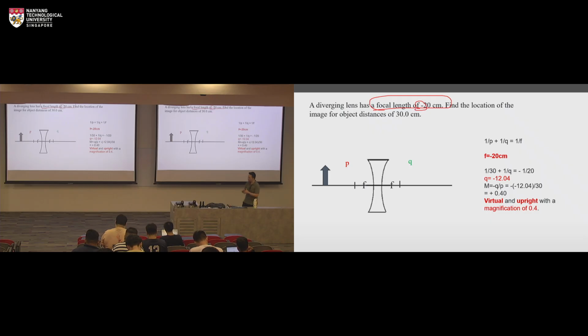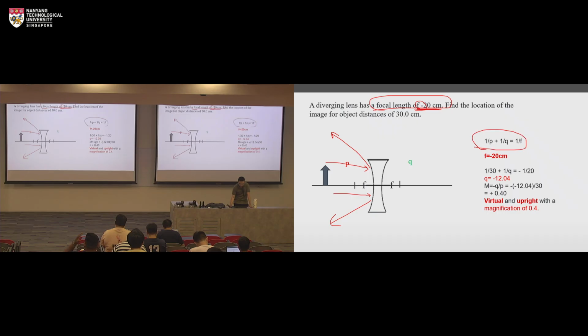So if the description only says the diverging lens has a focal length of 20, when you do calculation, you still need to put the negative sign. Because this is a diverging lens, it means that light cannot focus. The light will only be diverged. So it's a negative powered lens. So you have to put a negative sign.